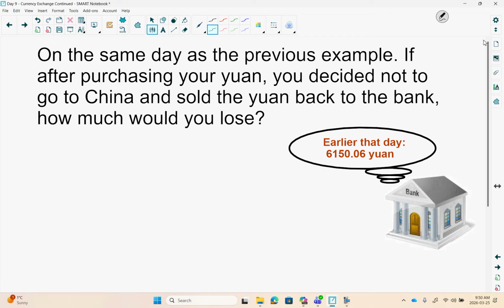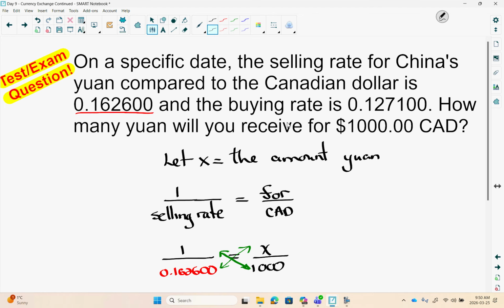If I'm selling the foreign currency back to the bank, what is the bank doing? Okay? They actually want to know how much money I would lose in this transaction. Like, I don't just take that amount of yuan back to the bank and get my 1,000 Canadian dollars back.